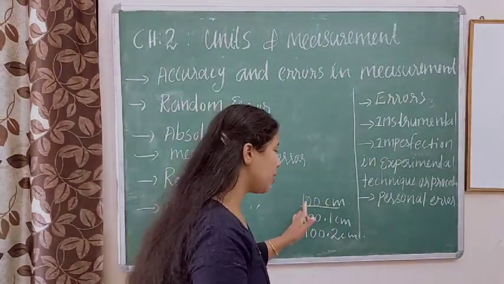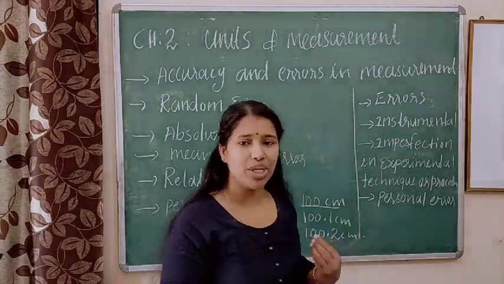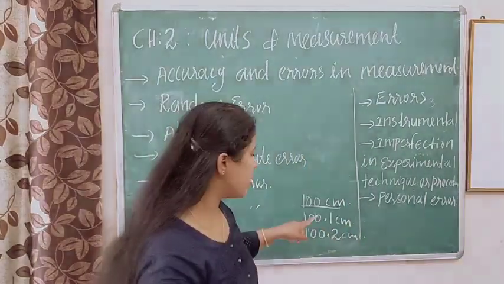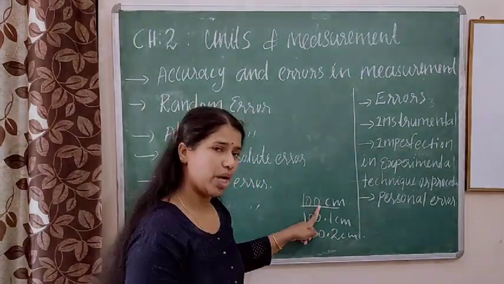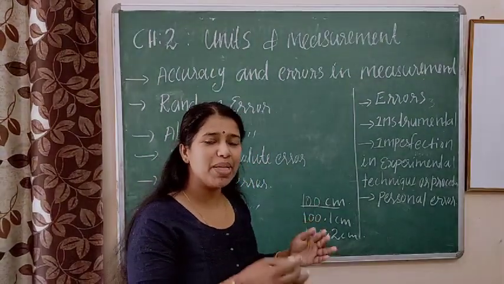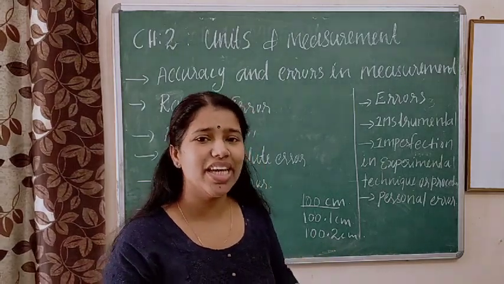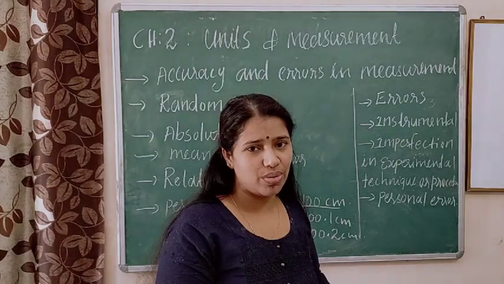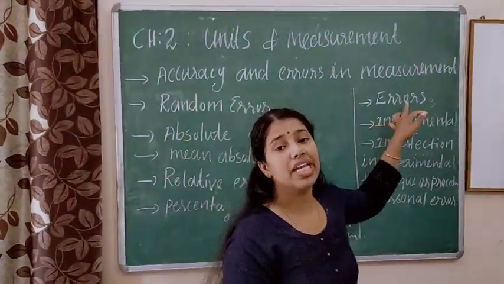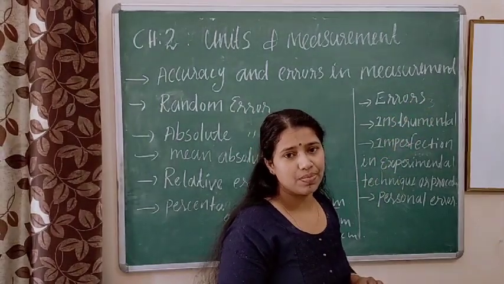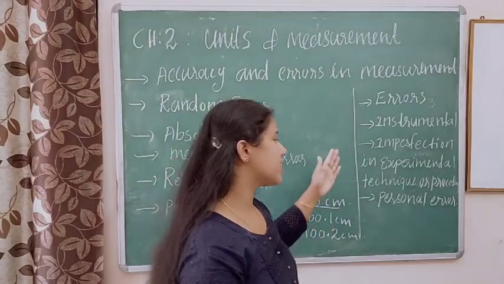The difference between this true value and the individual measured value, those who measured, we can consider the second and third. The difference between these two values, the true value and the individual measured value, we can say is the error in measurement. In your NCERT textbook, first they have given these three types.